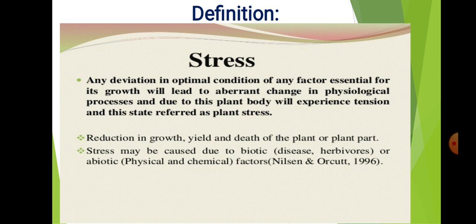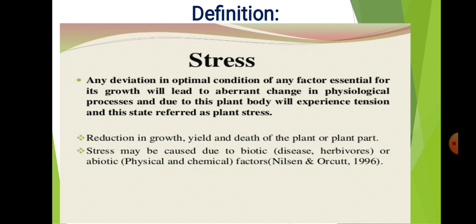Before going to study stress physiology, we must know what stress is. Any deviation in the optimal condition of any factor essential for growth will lead to aberrant changes in physiological processes, and due to this the plant body will experience tension, and this state is referred to as plant stress.